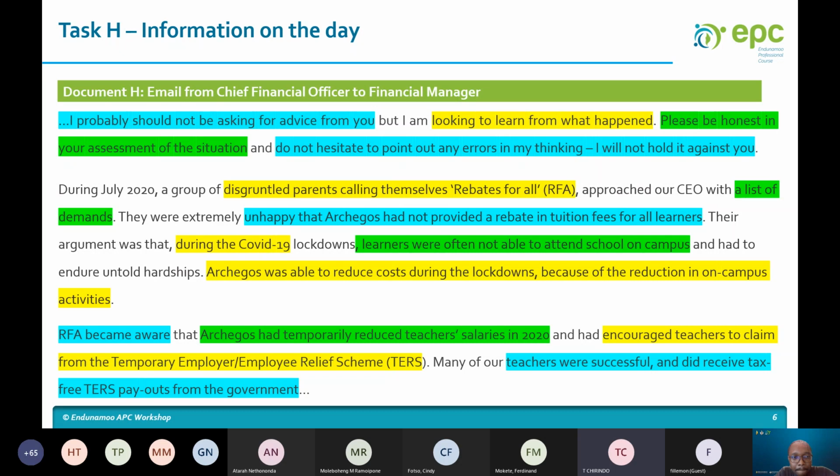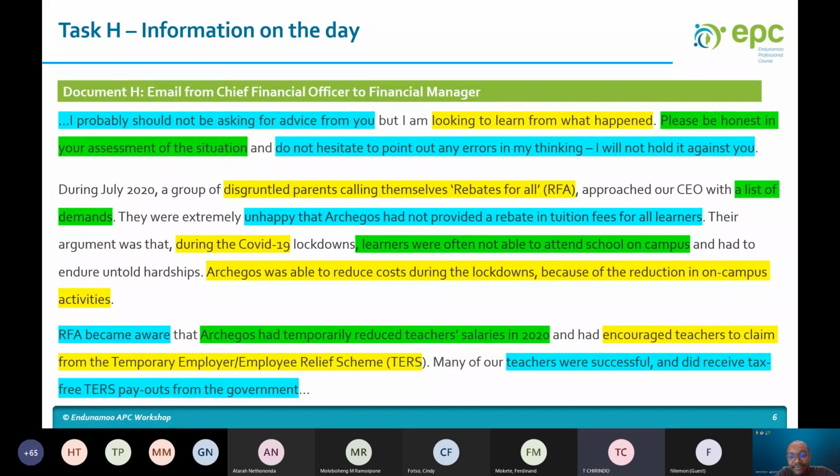They could have found a way to give rebates to whoever qualifies or whatever policy they have. Not exactly the full savings they made on the TERS, but they could have done something if they were really considering all the stakeholders, which includes the parents, because 2020, like you said, was a very difficult year.